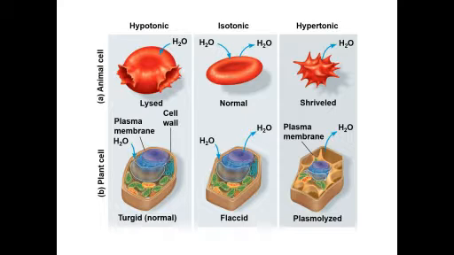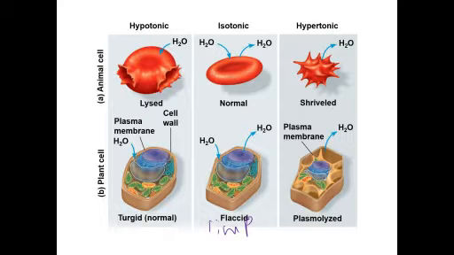It's going to become limp. It's kind of like lettuce that's wilted. If you place it in cold water, it rehydrates. Basically, it's losing water to its environment, even in an isotonic solution. It's going to lose a little bit of water, so it's going to become limp.